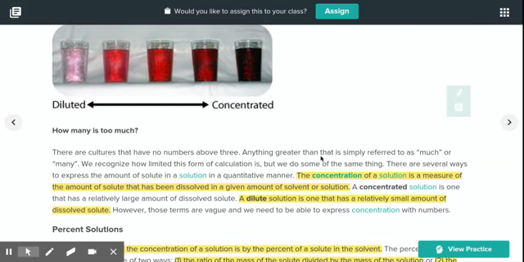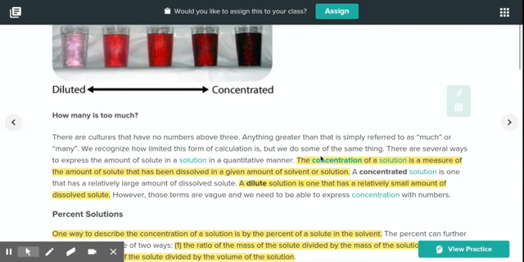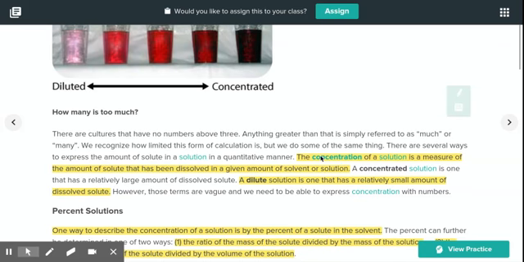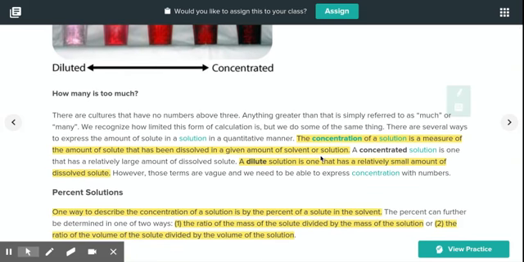So the notes I asked you to fill out already talked about concentrated and diluted. It's just to re-emphasize how we use concentrated and dilute. Imagine you dissolve the same amount of sugar in water.